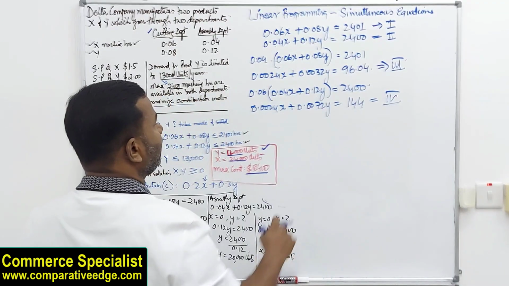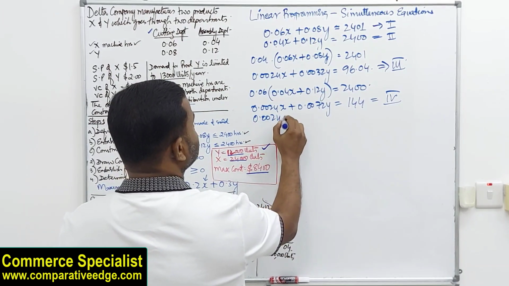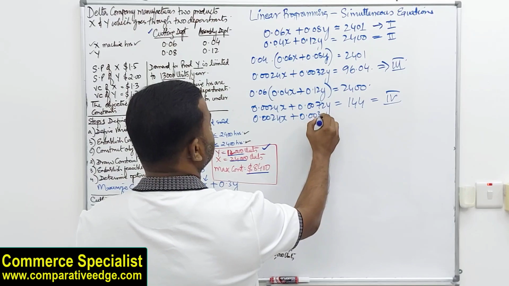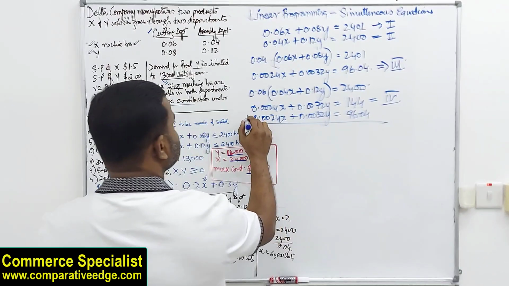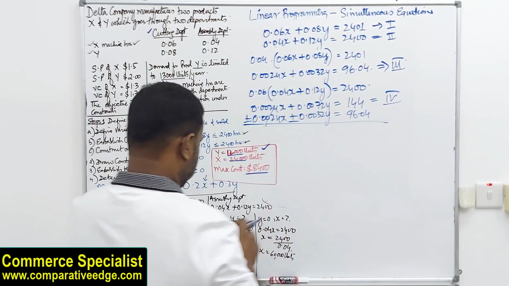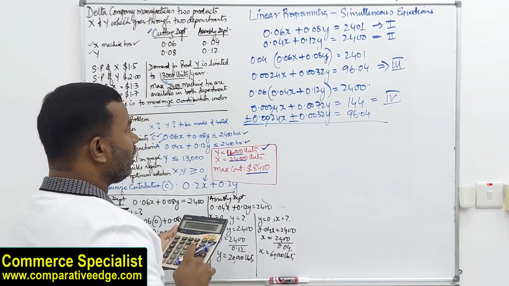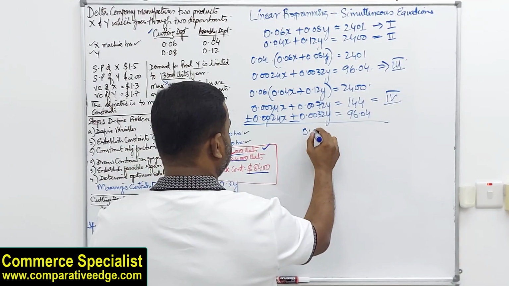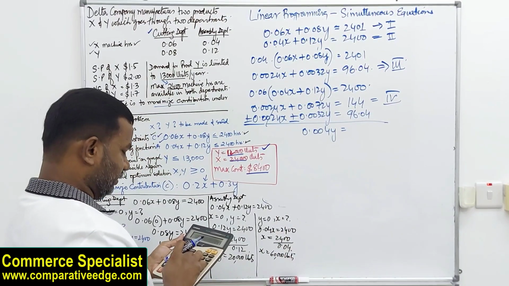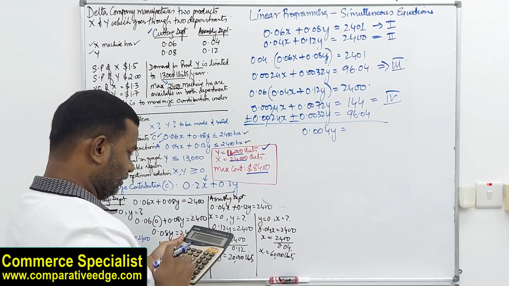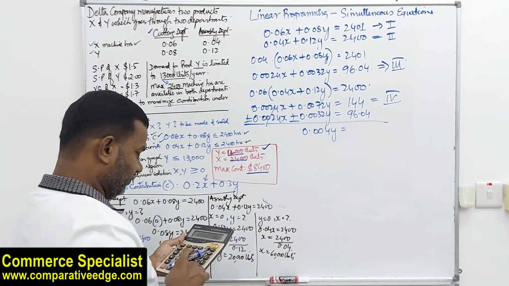Now from equation 4 I will minus equation 3. So equation 3 is 0.0024x plus 0.0032y equal to 96.04. So I change the signs. This cancels out. So 0.0072 minus 0.0032 is equal to 0.004y is equal to 144 minus 96.04.